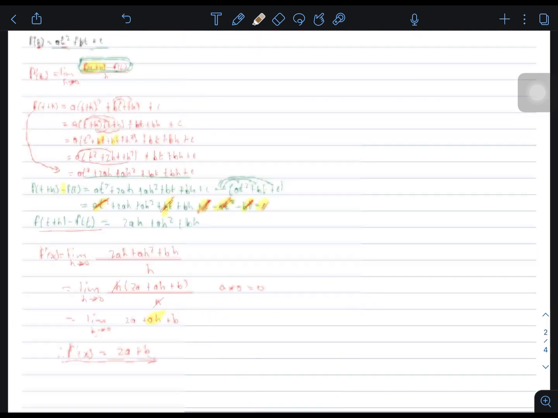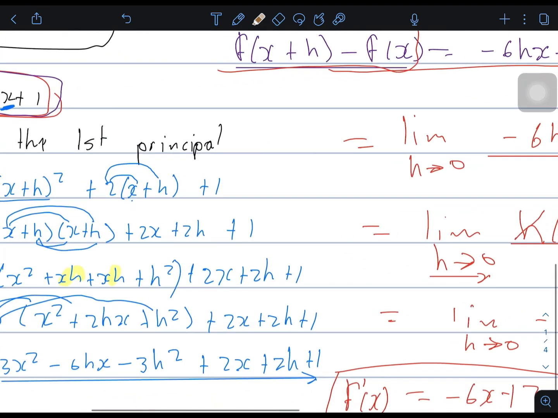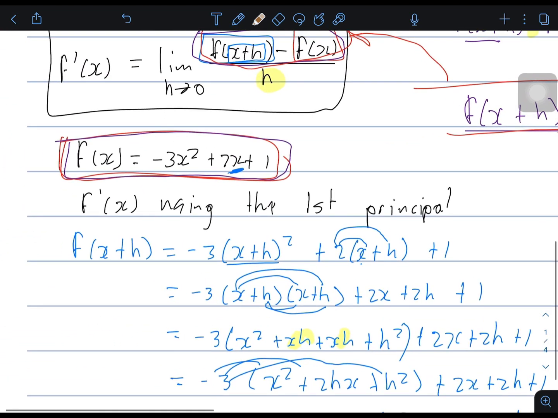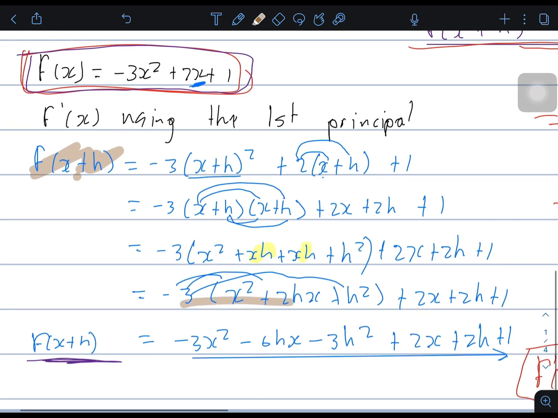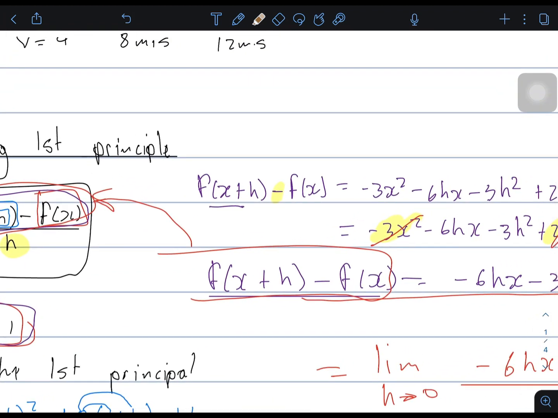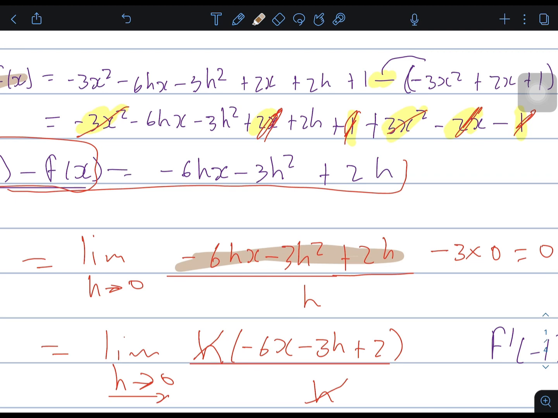So in simple terms, we first look for f of x plus h and simplify, then we look for f of x plus h minus f of x and simplify, then substitute.